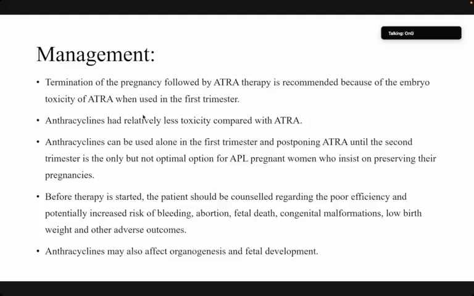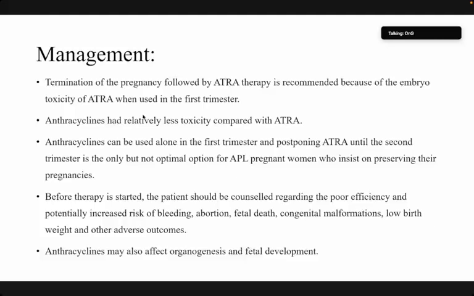So termination of pregnancy followed by ATRA therapy is recommended because of the embryo toxicity of ATRA when used in the first trimester. Anthracyclines have relatively less toxicity compared with ATRA. Anthracyclines can be used alone in the first trimester, and postponing ATRA until the second trimester is the only but not optimal option for APL pregnant women who insist on preserving their pregnancies.